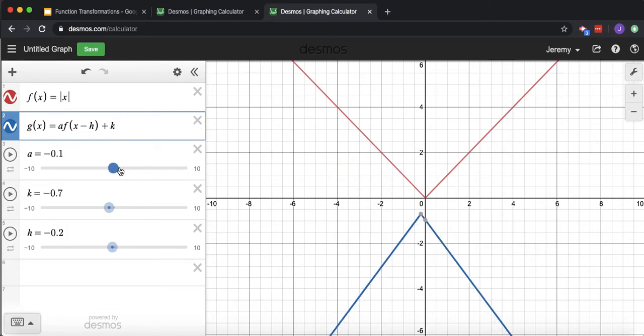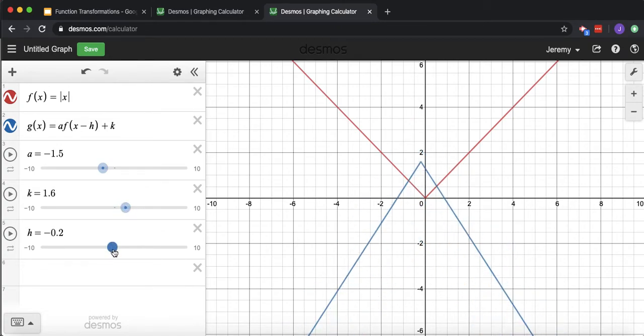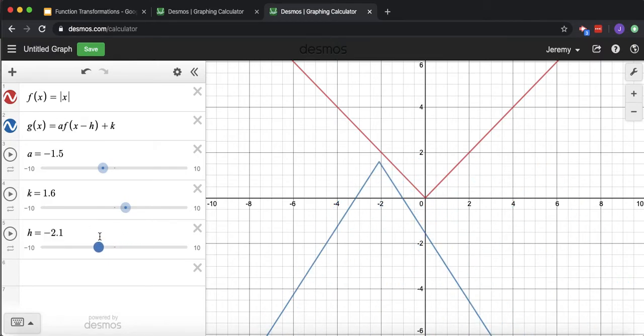Notice it behaves the same way as before, a vertical shift and a horizontal shift. What's interesting is that if I change my function f, all of these parameters will still do the same transformation to the resulting function.